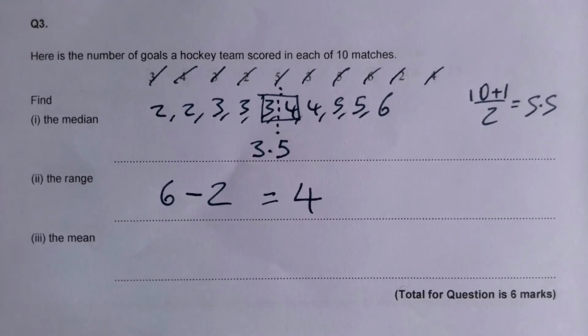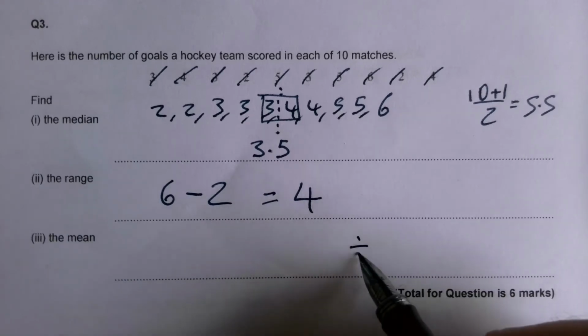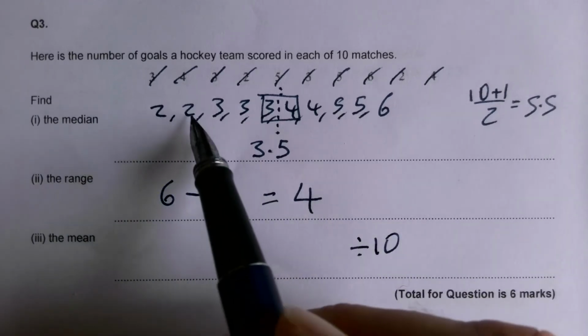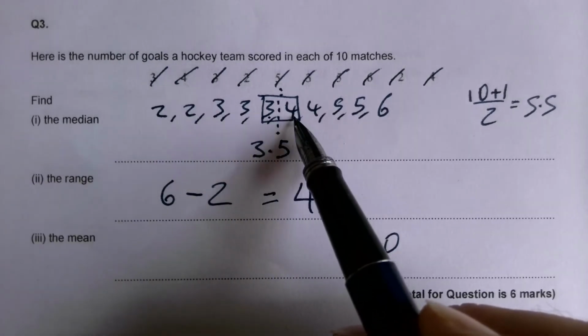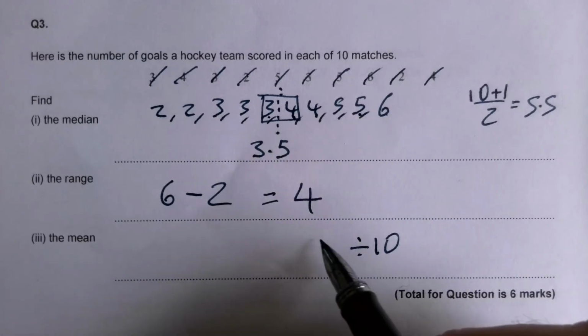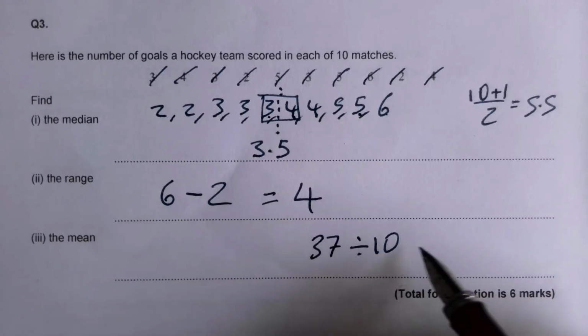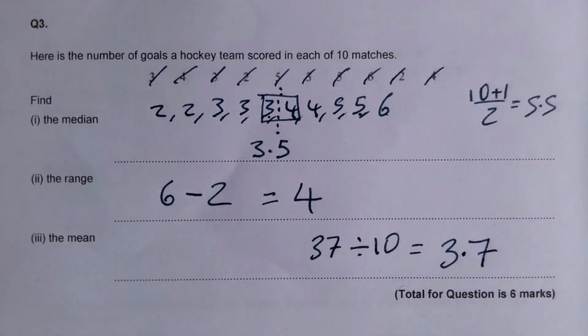And the mean, we need to add them all up and divide by how many we've got. Now I know we've got 10: 2, 4, 7, 10, 13, 17, 21, plus 10 is 31, plus 6 is 37. Divide that by 10, gives you 3.7.